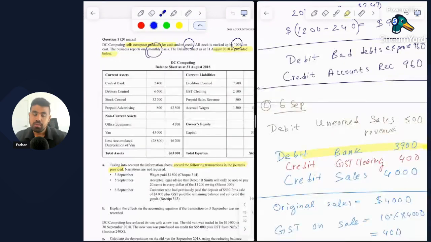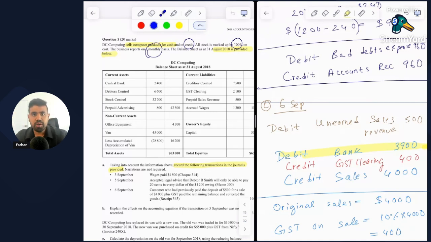Okay. So in the past, if you have already received $500 in advance in the month of August, this means that on the 6th of September, when the payment is cleared and you have delivered your goods, you expect to receive $3,900, which is the difference between $4,400 minus the $500, all right?